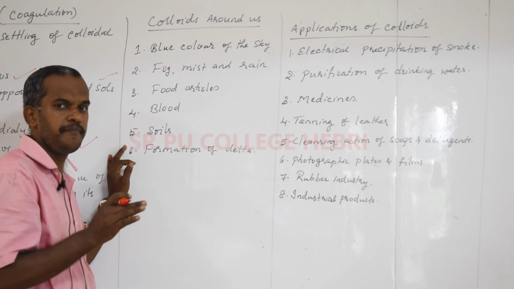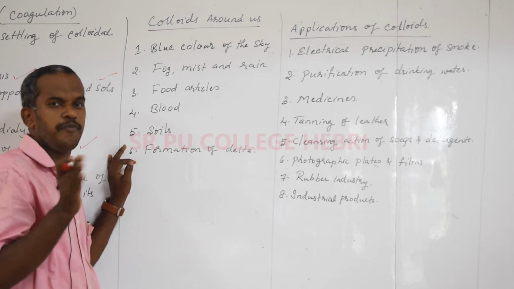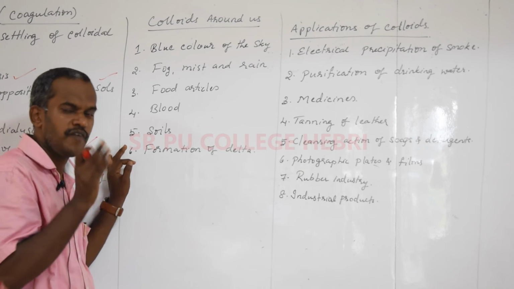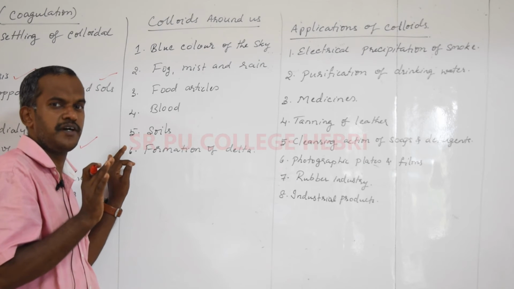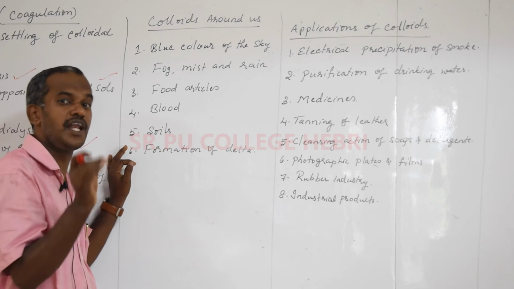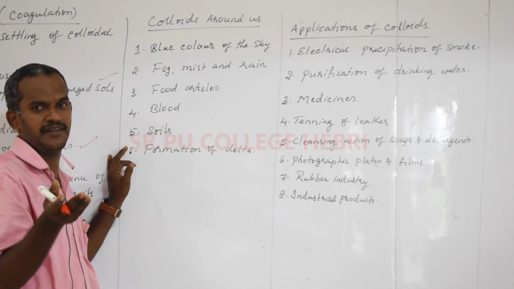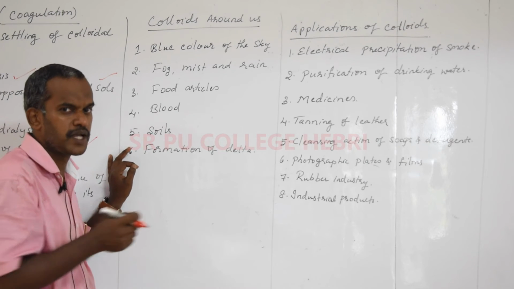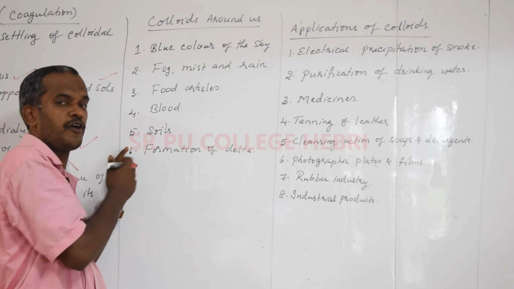At the same time, I told you before in the same chapter about lyophilic and lyophobic colloids. So when it comes to the protective action of colloids, just remember one small important thing here. When you add a lyophilic colloid to a lyophobic colloid, it can increase the stability. You'll ask how, because today I didn't say anything about lyophilic and lyophobic, but we heard it before.